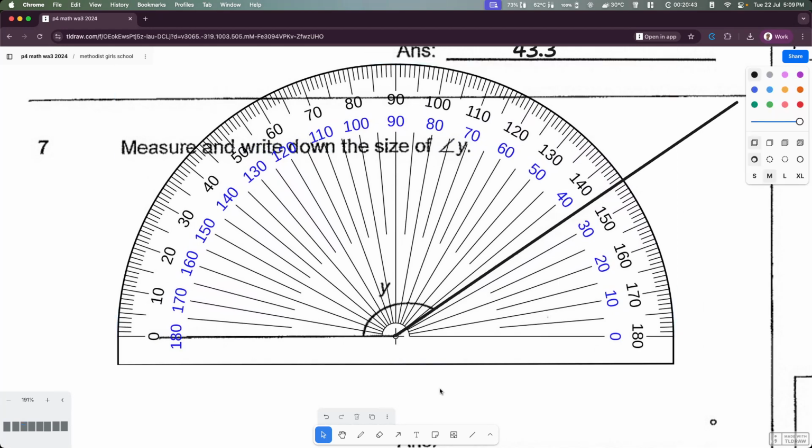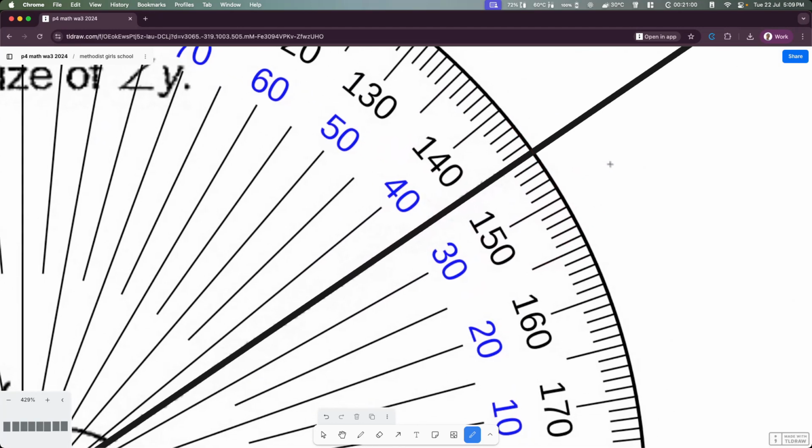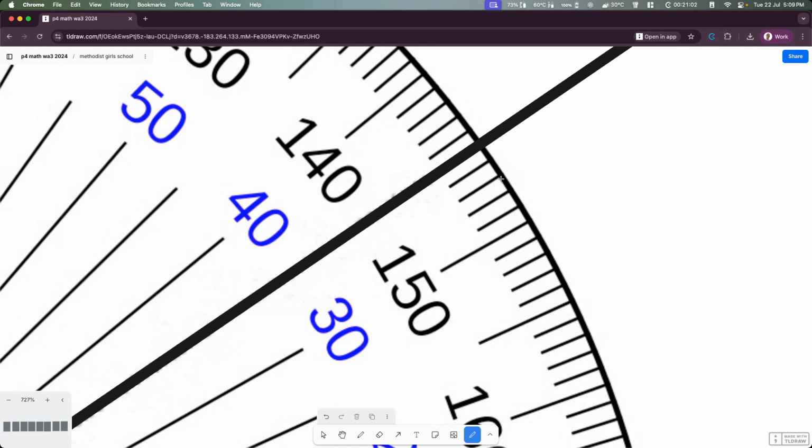Okay, so a mistake that maybe some students make is that they read the wrong range or wrong number. So instead of 140 to 150, they read 40 and 30. So they think in the middle, right? 35, right? Which is wrong. So the answer is in the middle here, 140 and 145. If you were to read very closely, I mean, yeah.